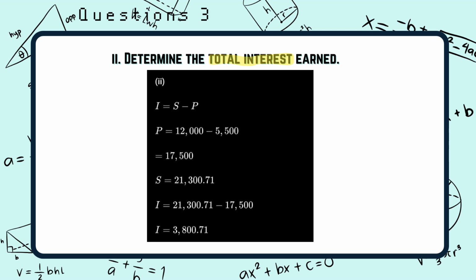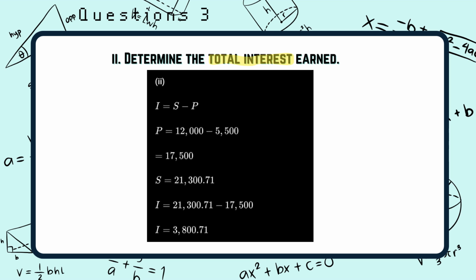The formula for interest is I equals S minus P. So we need to total all the P that we have. The P is equal to 12,000 ringgit plus 5,500 ringgit, and the answer will be 17,500 ringgit. So S is 21,371 ringgit.